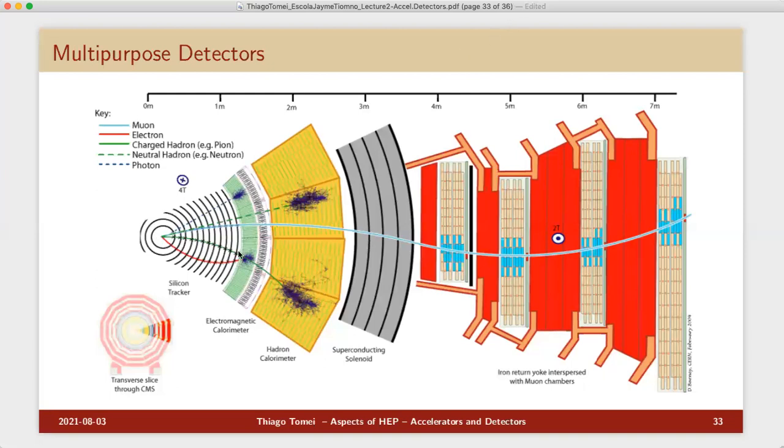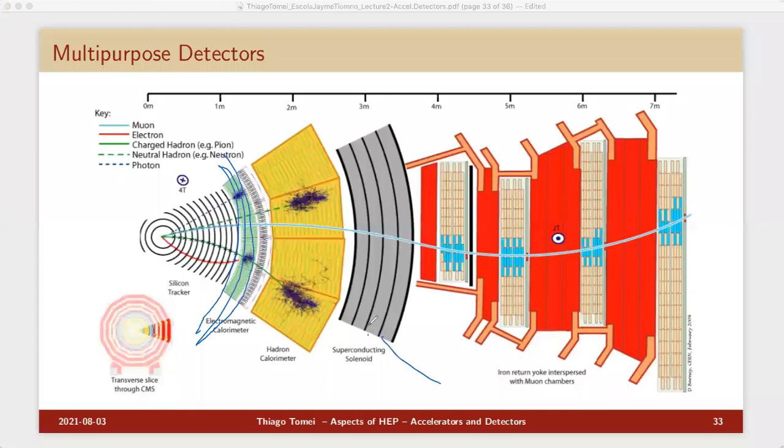In CMS, everything is inside a big superconducting solenoid, so the charged particles bend. You could have the solenoid just around the silicon tracker, but because of the physics of a solenoid, it's better to have it with a large bore, with a large hole inside. Then you have another tracker, and usually only muons survive until here, and you track the muons again here.